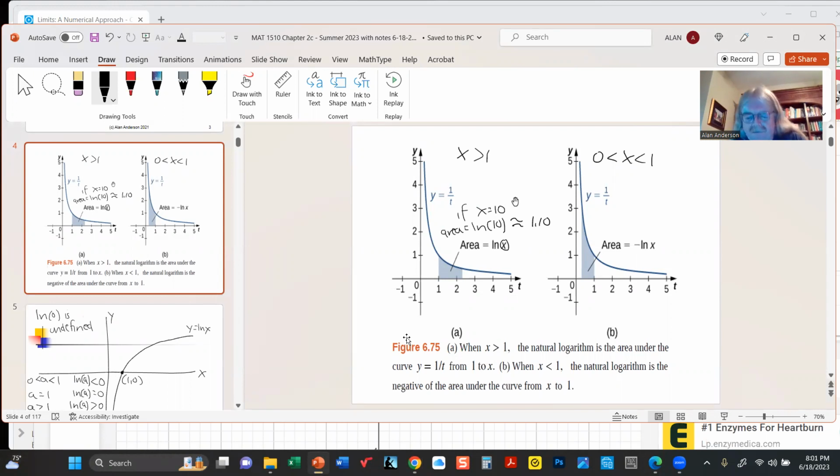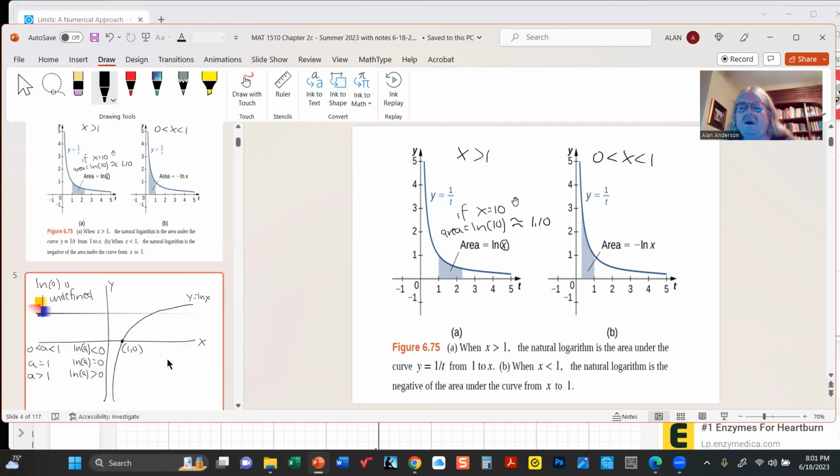Anyway, let me go to my calculator. The natural log of 0.5 is about negative 0.6913.